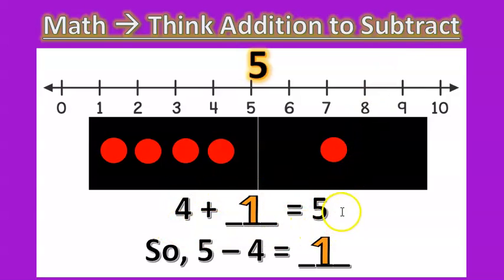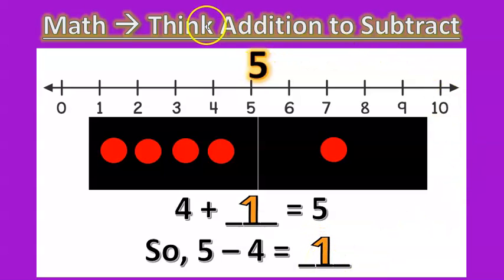When we finish this addition equation, all you're going to do is find the number that isn't here. Okay? So look, 5 is already here, 4 is here, 1 now needs to go there because that's the answer. 5 minus 4 equals 1, okay?